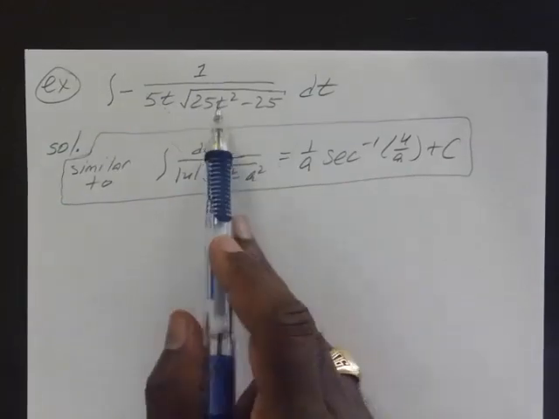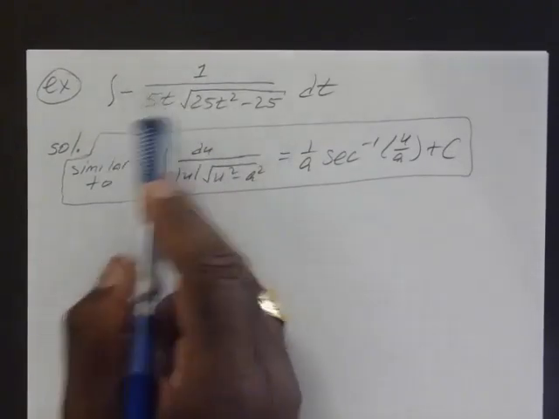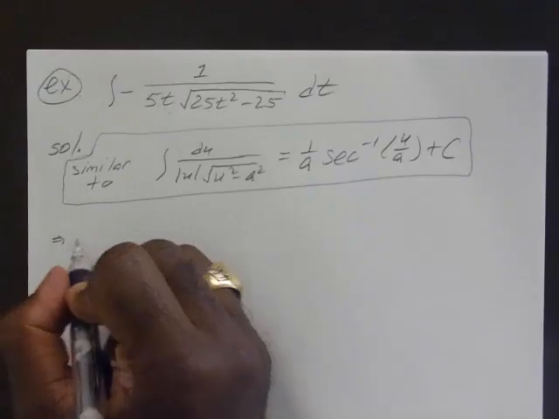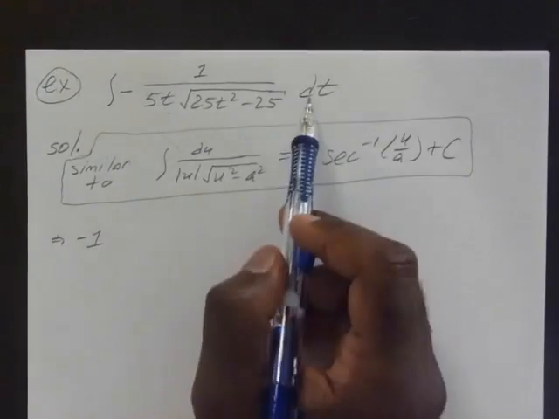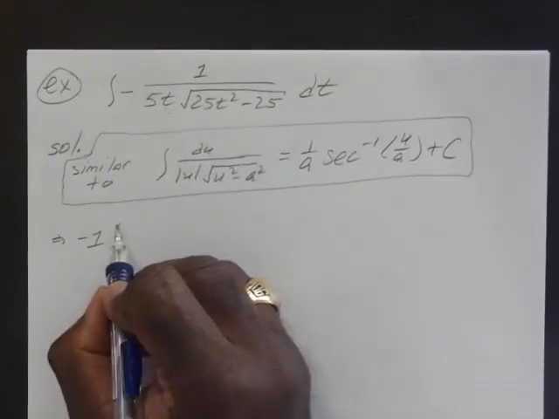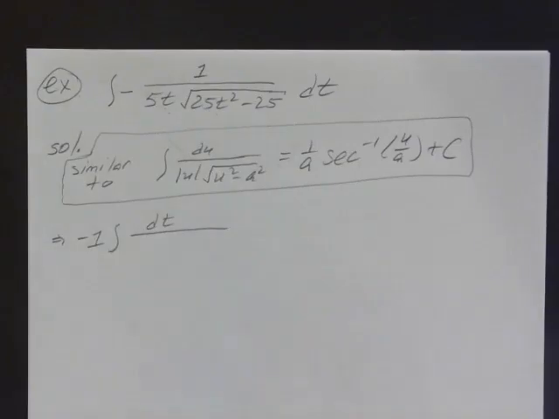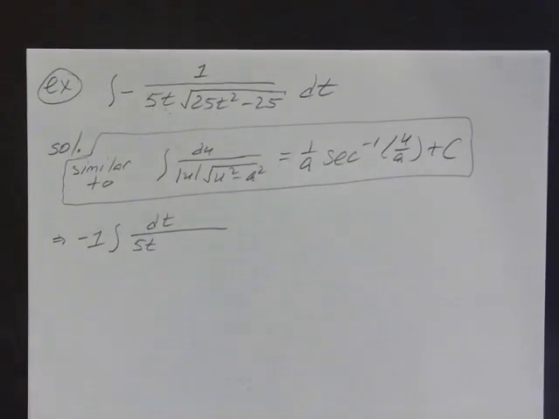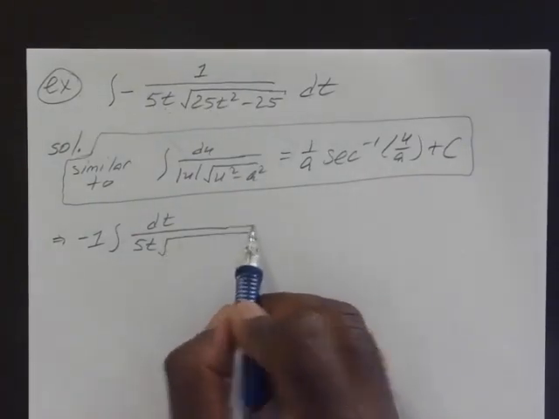Okay, so we just have to rewrite our radicand terms. So again, that -1 constant, we'll move that out to the front. That dt, we'll just move that up top. So times the integral of dt divided by, we have 5t times the square root.